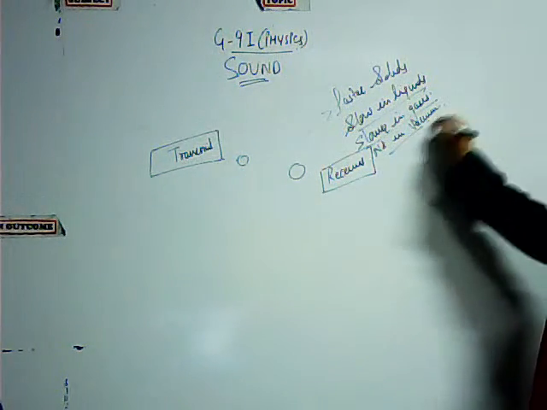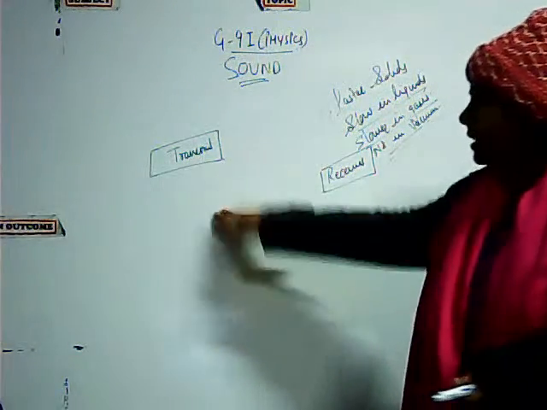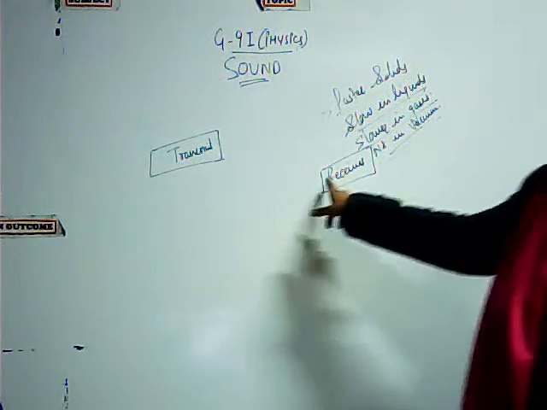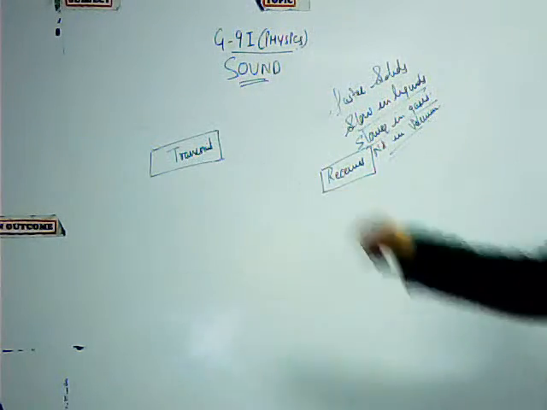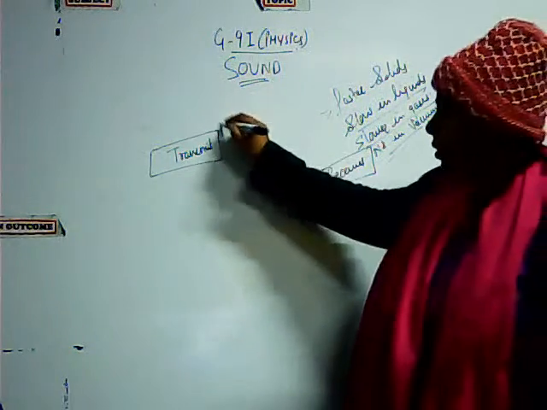Then the next, in vacuum. Vacuum में क्या होगा? You have no molecule. So if you have no molecule, what does it mean? That there is nothing to propagate. This is transmitter, this is receiver, and in between there is no molecule present. So sound produced होगी.